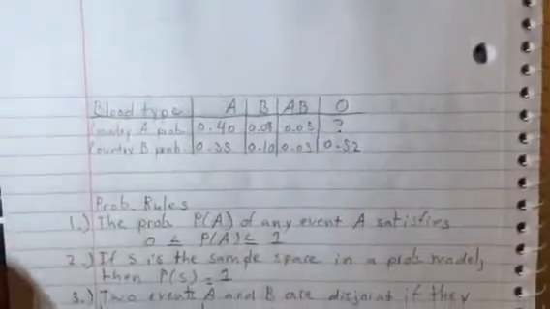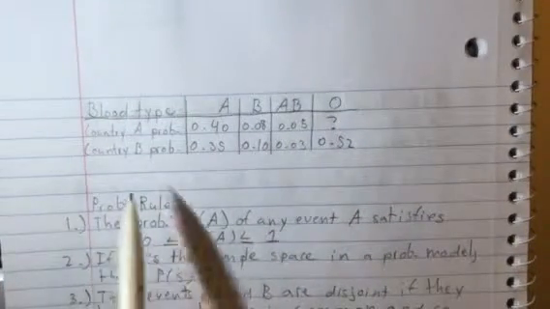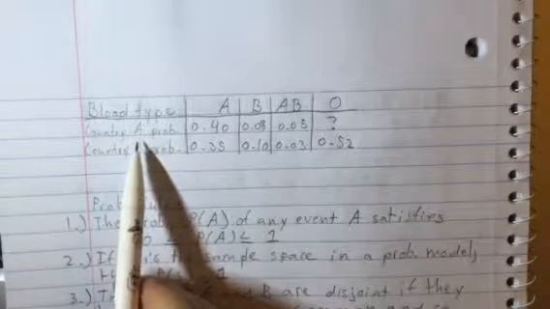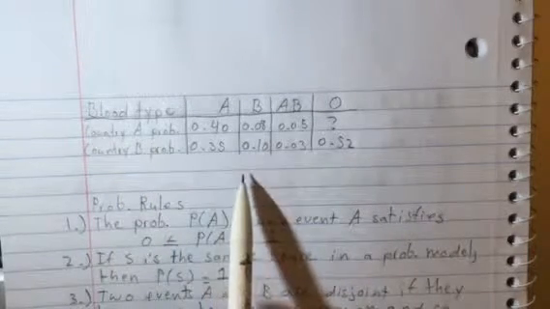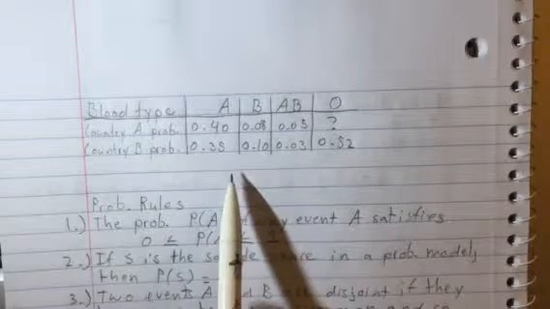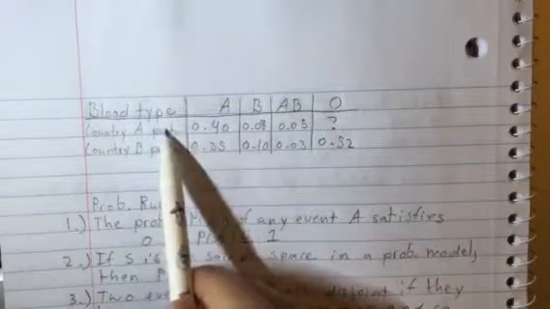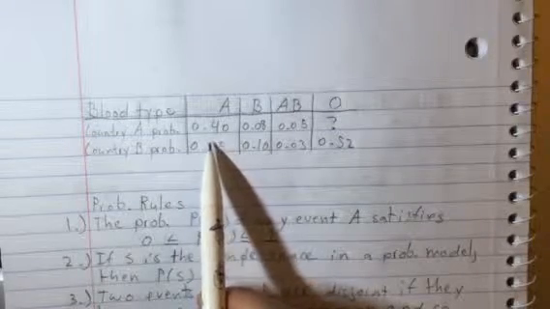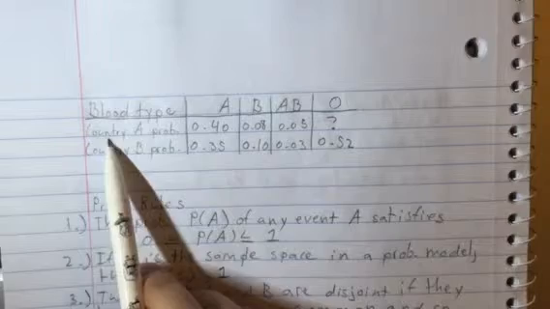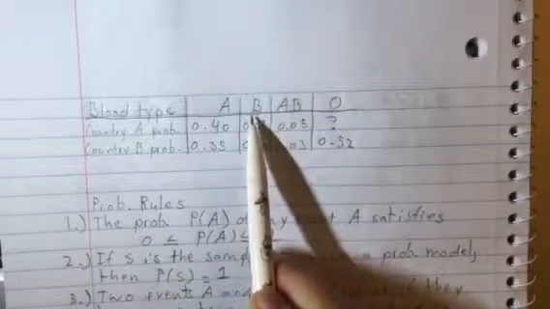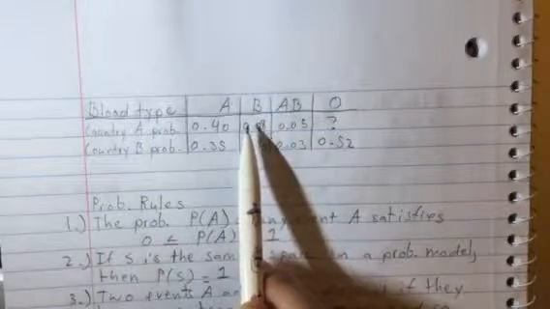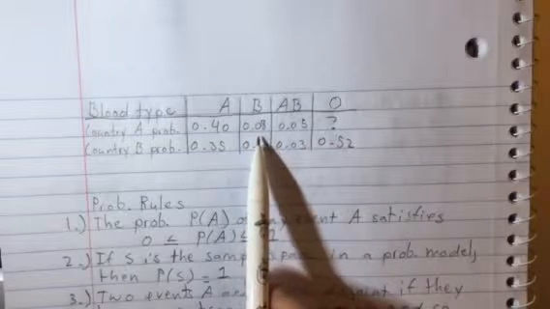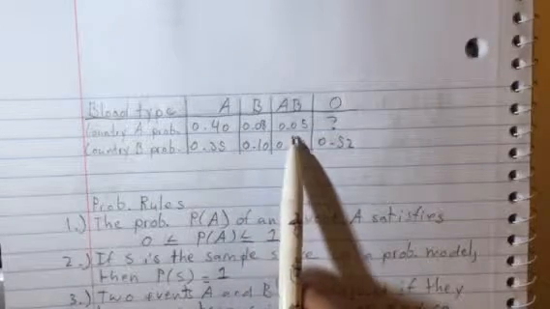Looking back at our chart, according to country A, the probability of blood type A in country A is 0.40, the probability of blood type B is 0.08, and for AB, 0.05.